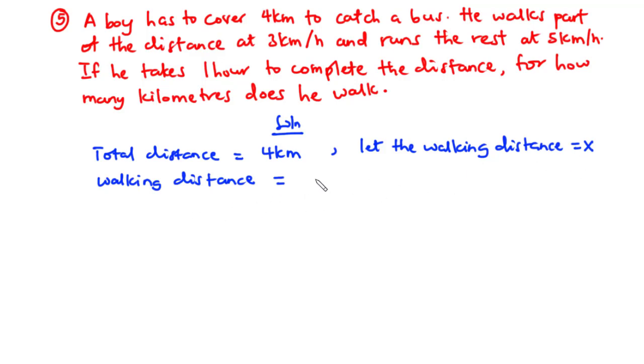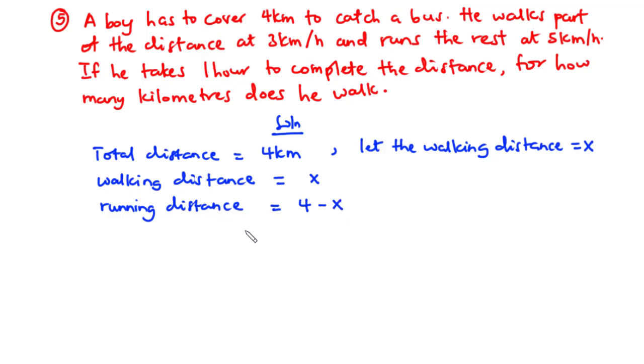So if the walking distance is x and he runs the rest at 5 kilometers per hour, then we have the running distance. So therefore, the running distance will be 4 minus x. Okay, so that is 4 minus x.